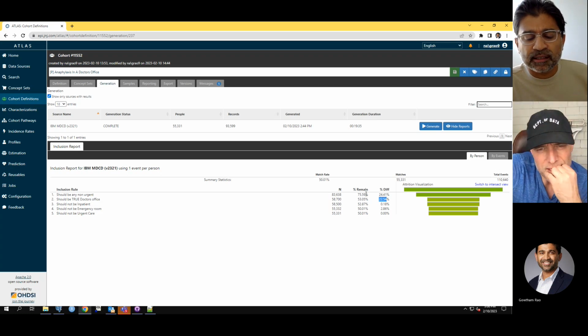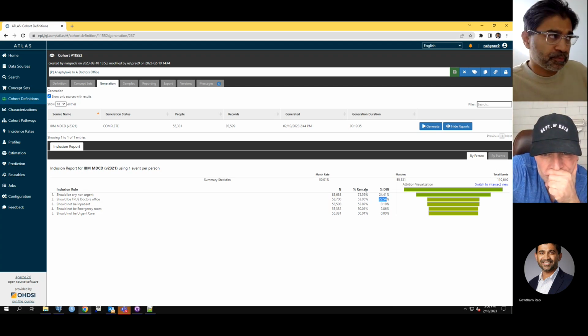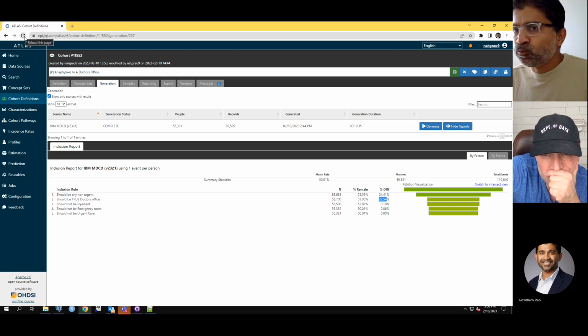It could be those other centers. That's true, yeah. It could be an orthopedic center, a chemotherapy center, a dialysis center. But it is not your primary care type of visit. This is strong evidence.